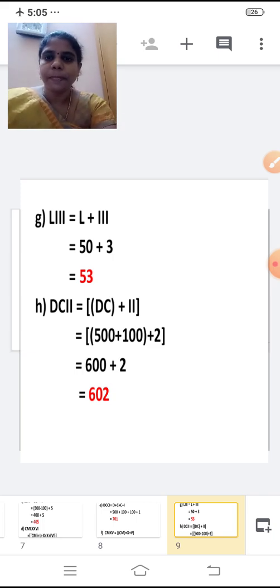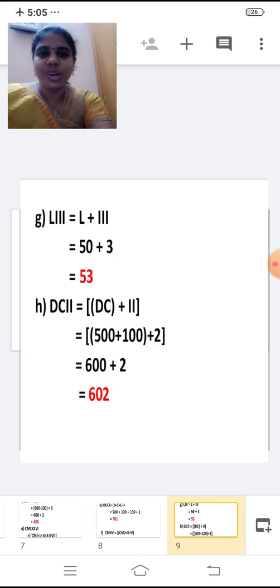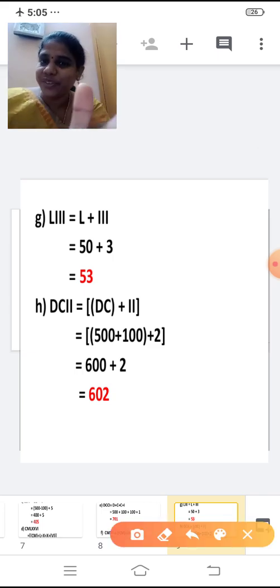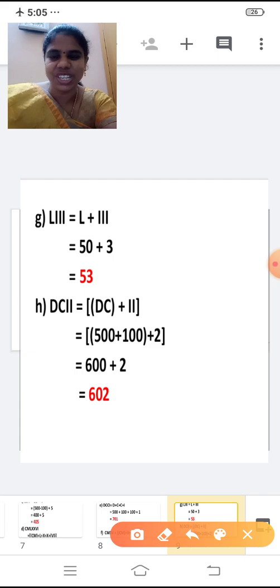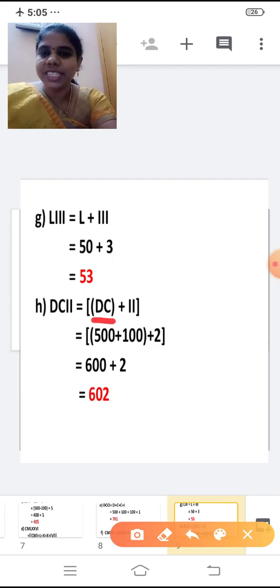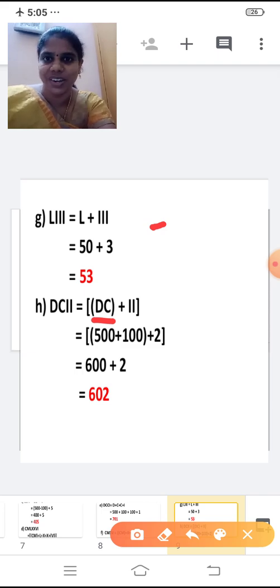Next sum: DCII. Here also the smaller one is placed after the larger one, right? C is placed after D. So you can add directly. DC plus I. Add all. DCII. What is the value of DC? Value of D is, if the smaller one is placed after the larger one, you can add that, right?